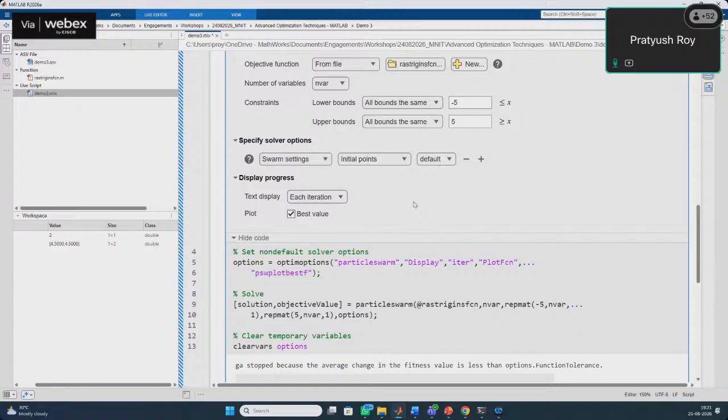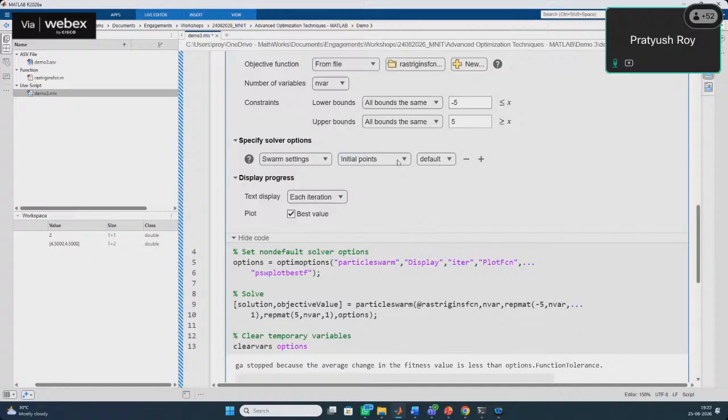In particle swarm optimization, what happens is there is a swarm of objects which is trying to converge or help you converge to a particular solution. So imagine a swarm of ants or a swarm of insects trying to look for the best solution. And once it is able to find a decent solution, all the resources converge towards that.